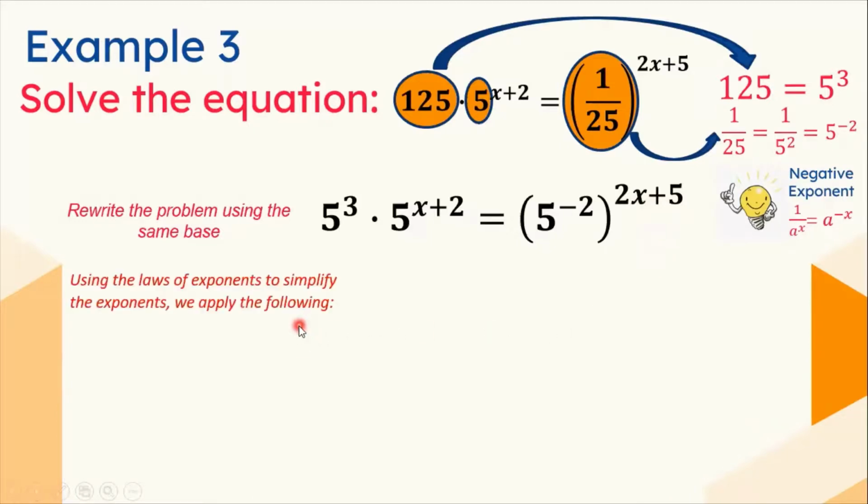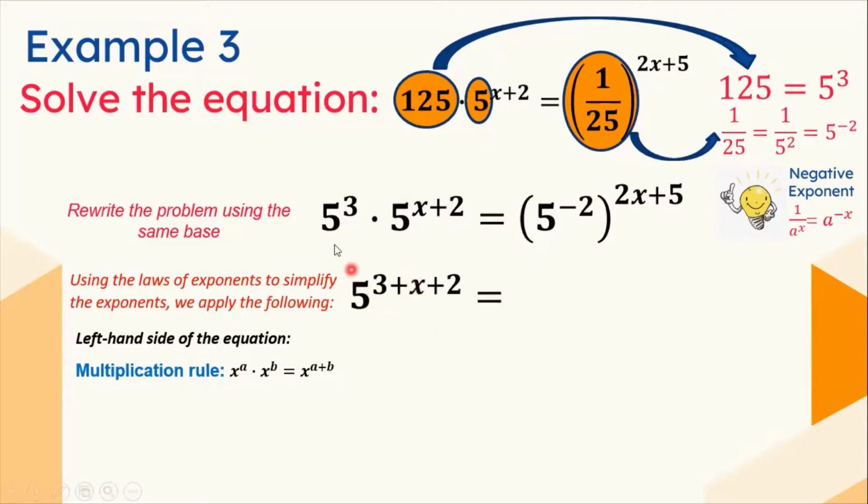Okay, so using the properties of exponents to simplify the exponents here, we apply the following. For the left-hand side of the equation, we can apply the multiplication rule, which states that if you are multiplying powers with the same base, keep the base and add the exponents.